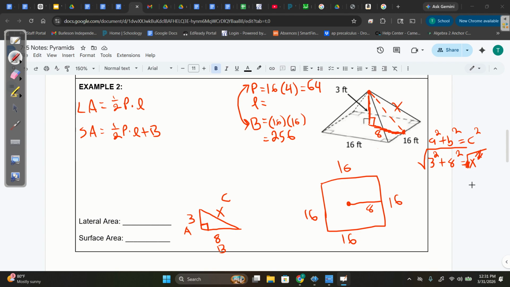That cancels the square out, leaving me just x. And whenever I type this into Desmos, I should get 8.54. Now that I have that, that would be my slant height.